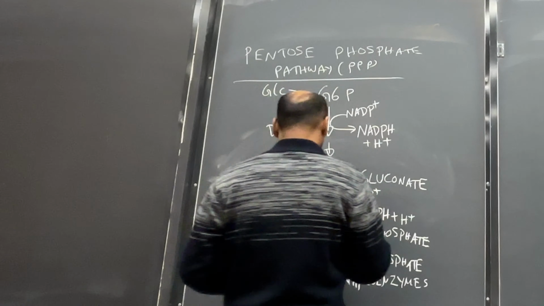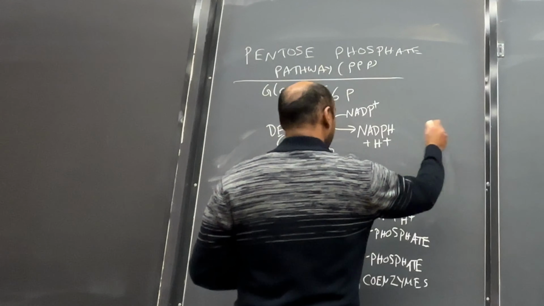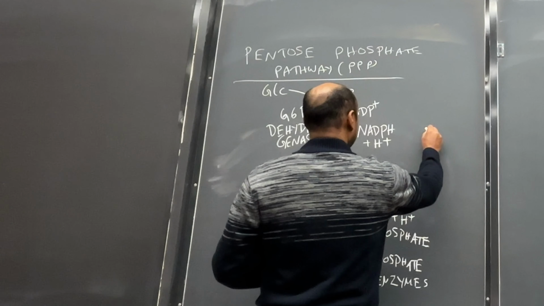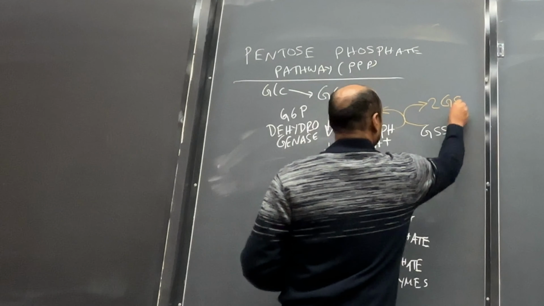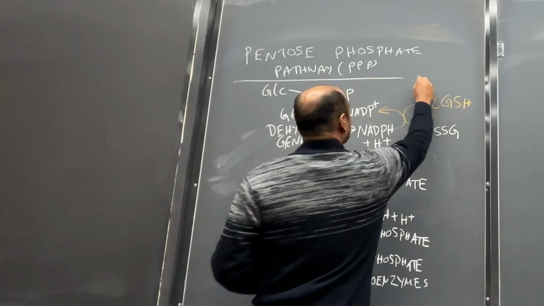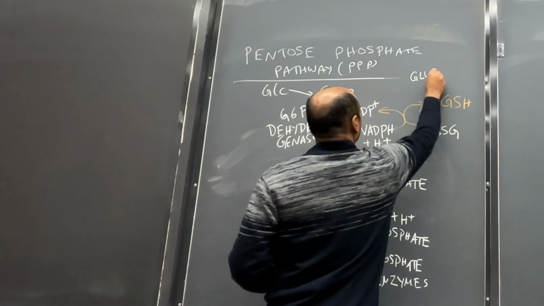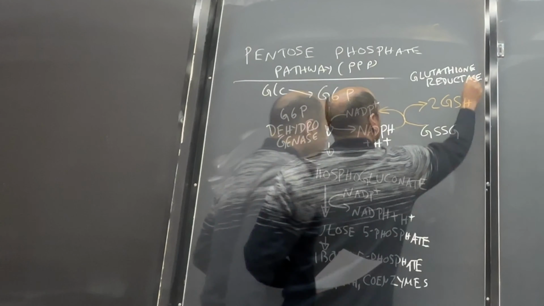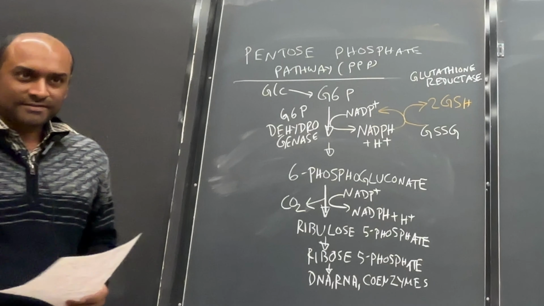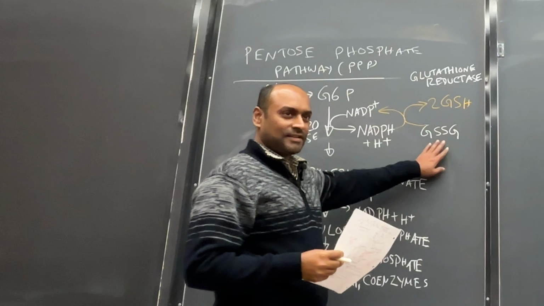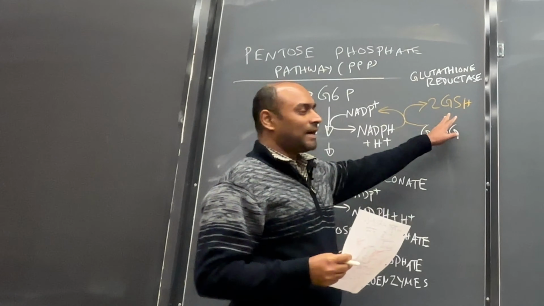So in our case, what happens is that this NADPH actually reduces glutathione to GSH, and the enzyme here is going to be glutathione reductase. So what that does is reduce oxidized glutathione to go back to its reduced state.